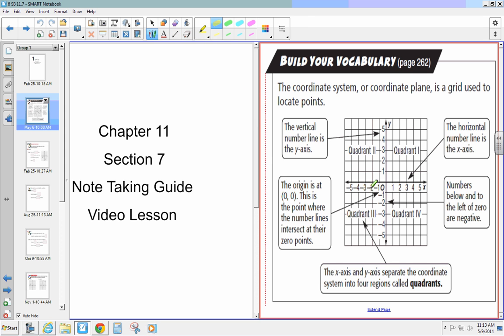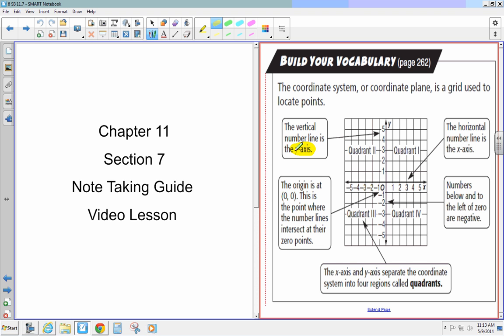the important things. So right here, the vertical number line is the y-axis. The horizontal number line is the x-axis. The place in which both number lines meet is the origin.